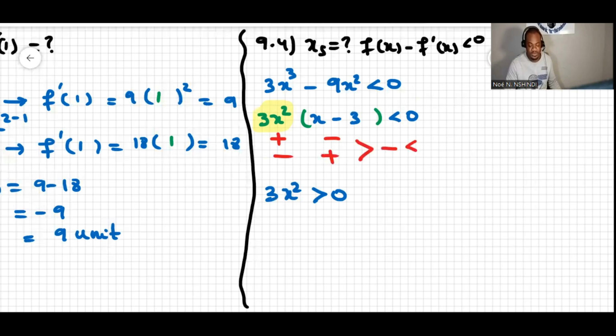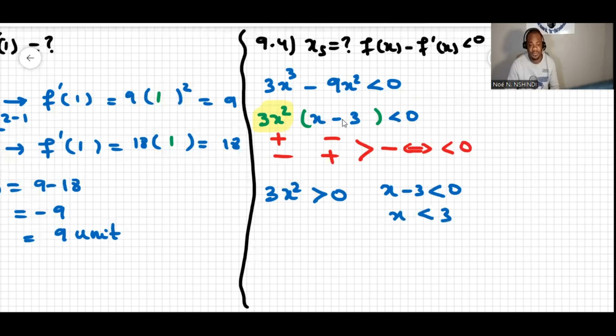Negative means less than 0. In this situation, we already have 3x squared positive, so x minus 3 has to be lesser than 0. So we set x minus 3 lesser than 0, which means x must be lesser than 3.